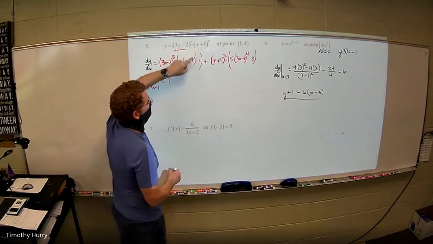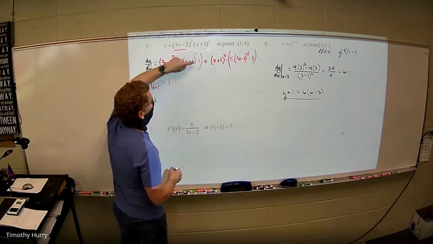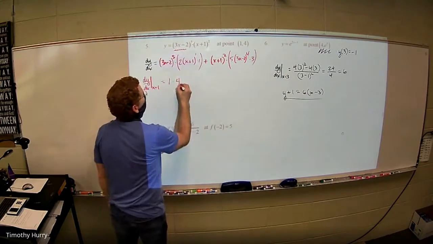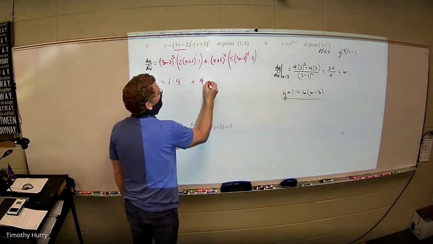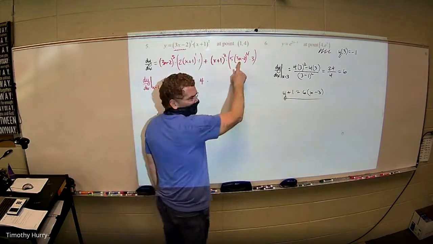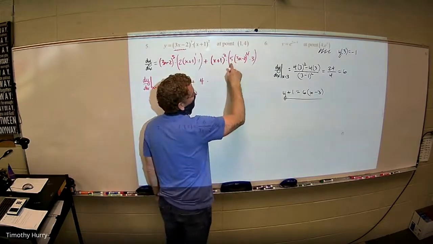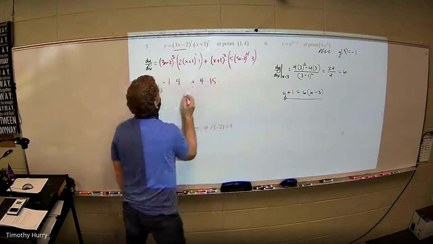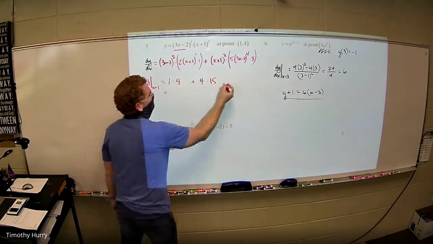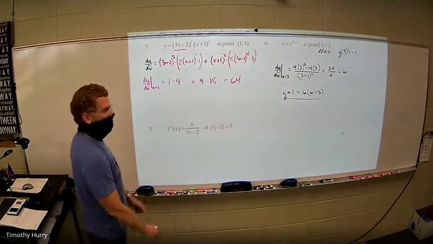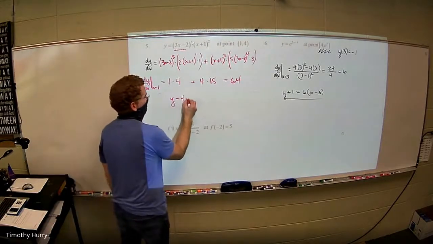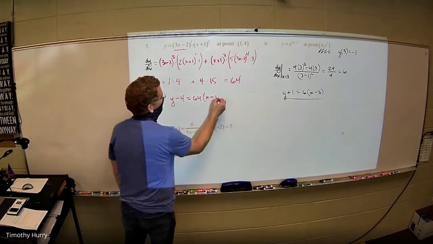Plus, plugging 1 in there, 2 squared is 4, 3 minus 2 is 1, 1 to the 4th is 1, 4 times 5 times 3 is 60. And I get 4 plus 60 is 64. Now that I have a point and a slope, y minus 4 equals 64 times x minus 1.